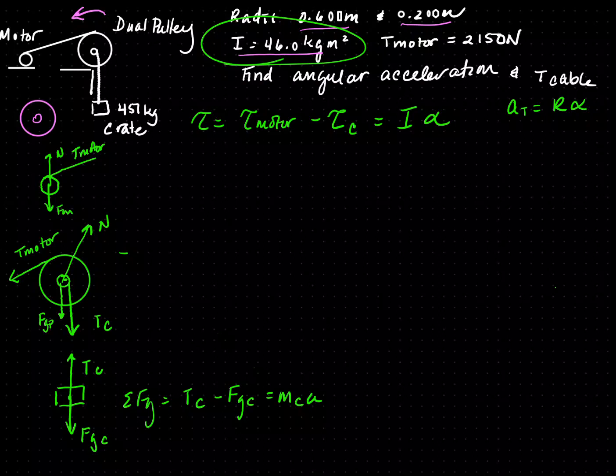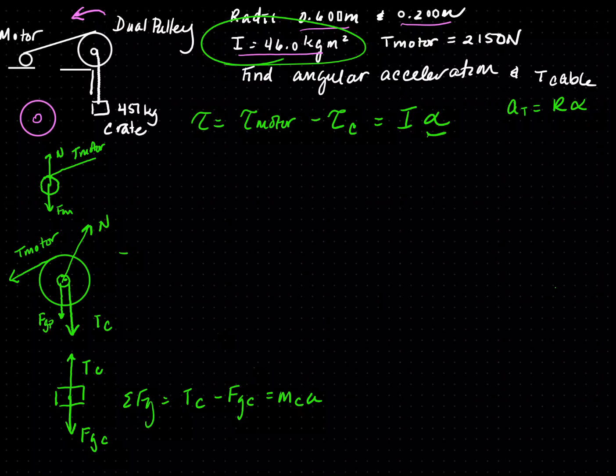The reason torque motor and torque crate are separated is because the crate is on the smaller part of the dual pulley, so the radius is different than for the motor, which is on the larger part of the dual pulley. Also, the torque motor is positive because it is being pulled towards the motor. And remember, the direction you move, you want to make positive, because then you don't have to correct for alpha on the other side.